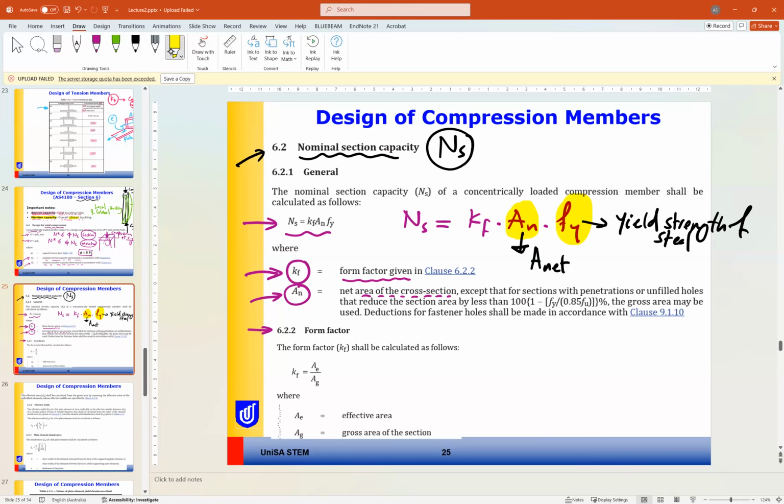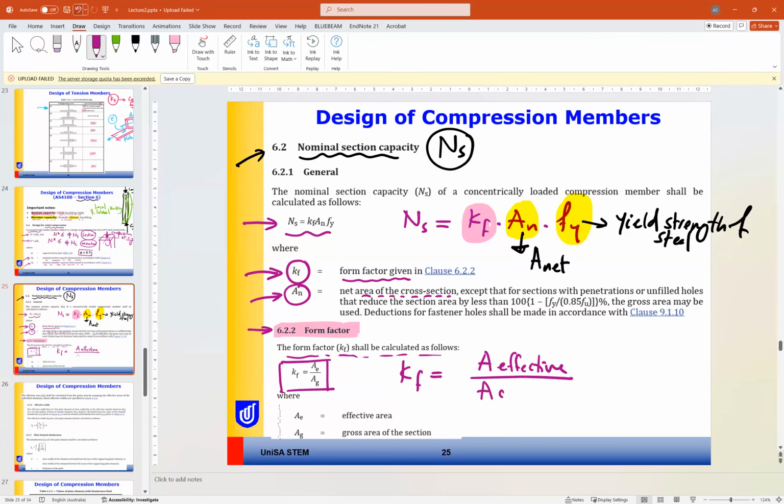So what is Kf? Kf is the form factor, the relation between area effective over area gross. So Kf equals area effective divided by area gross, or Ae divided by Ag.